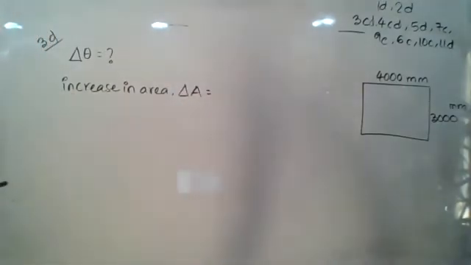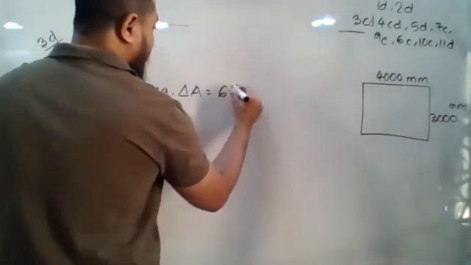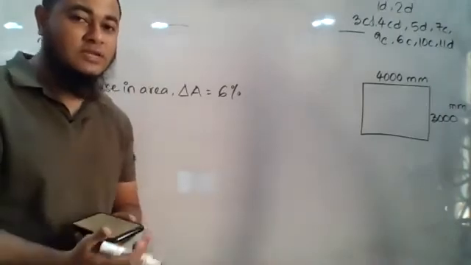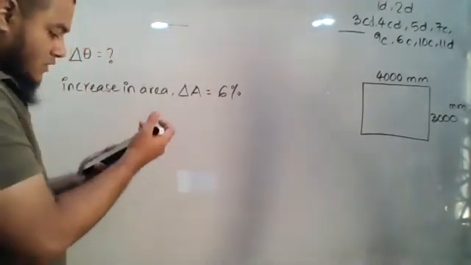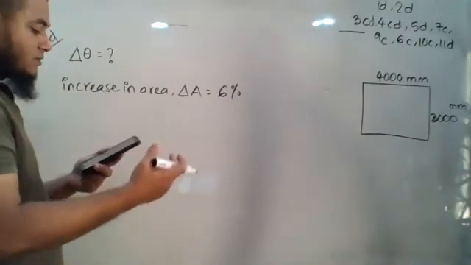Increase or decrease means change of area. So that will be 6% of what? Whenever they tell you 6% of something, that is actually referring to 6% of the initial area.